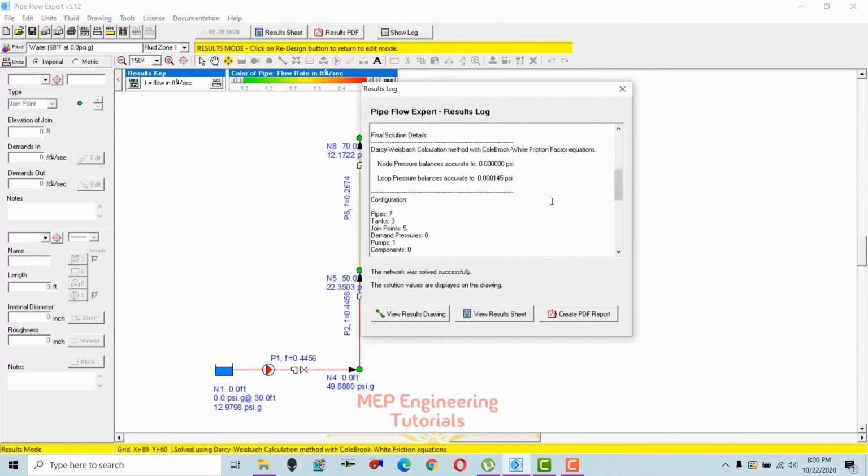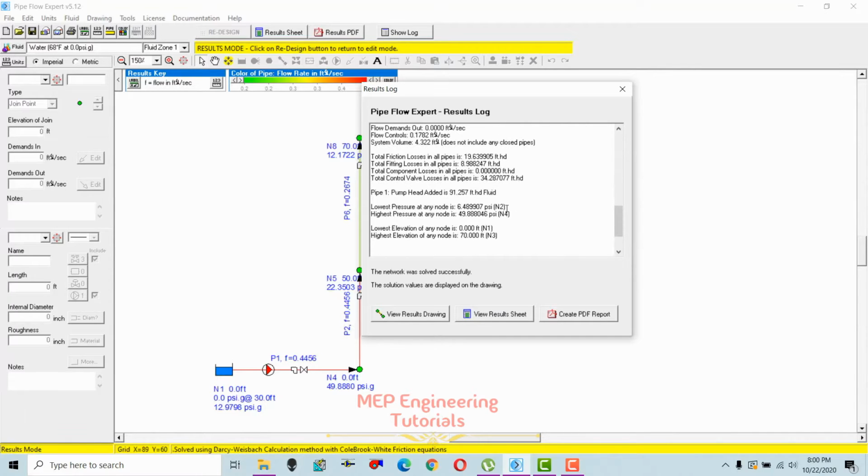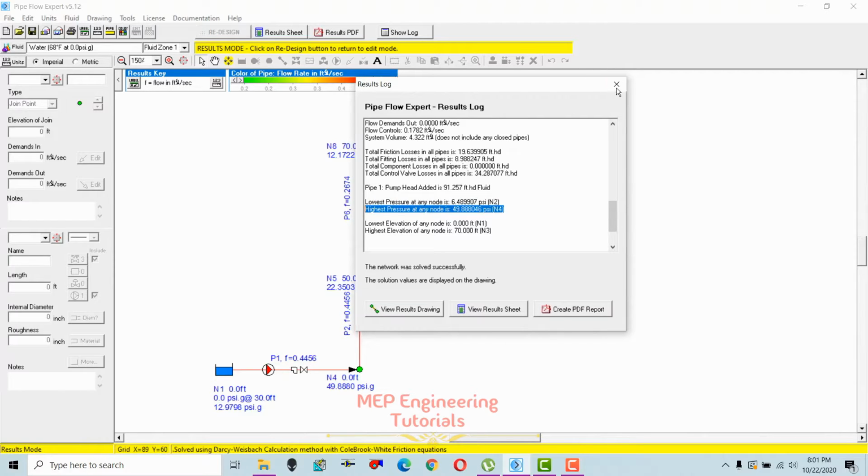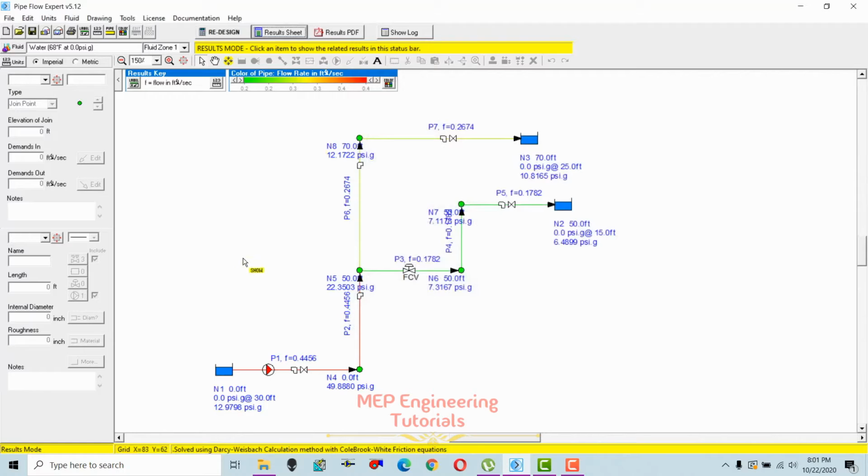Or you can see that in here, pump head is 91.257 feet calculated, and lowest pressure at any node is this much, and highest pressure at any node is this much. Let's close this one and view the results on this drawing area.